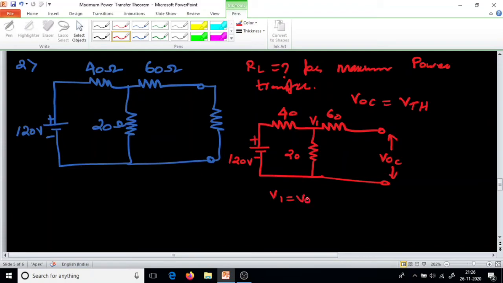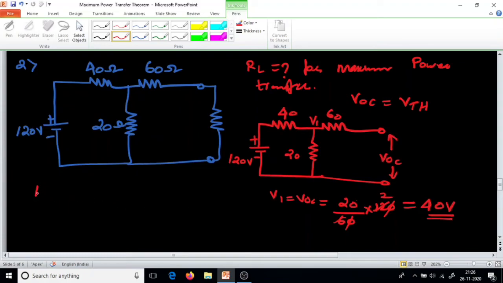V1, which is equal to VOC, equals 20 ohm divided by 40 plus 20, that is 60, multiplied by 120. That is one third times 120, so it equals 40 volt. The open circuit voltage equals 40 volt.